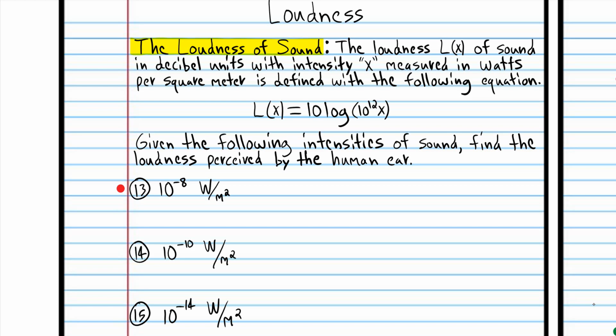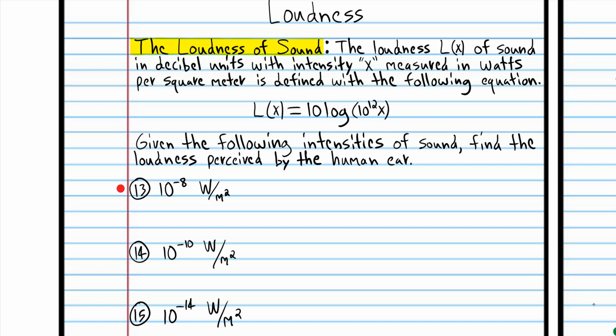So watts are a measure of power. A watt is the amount of power. Power is how much work you can do in a given amount of time. And you're going to learn all this when you take a college level physics course.